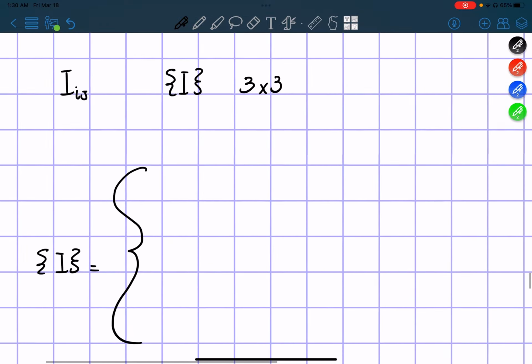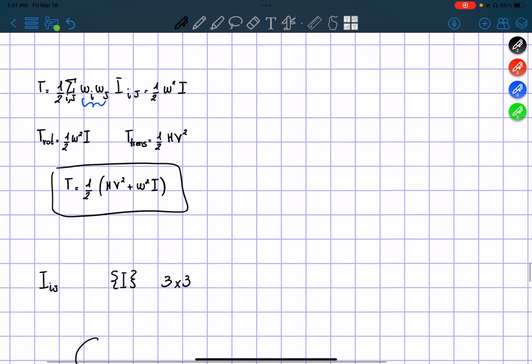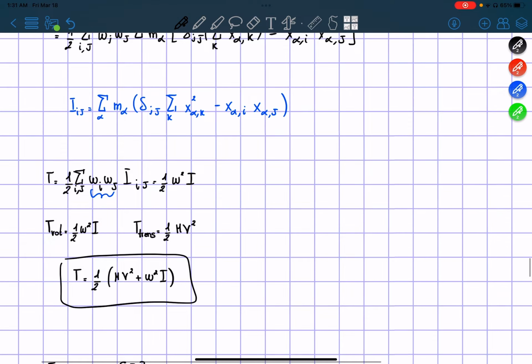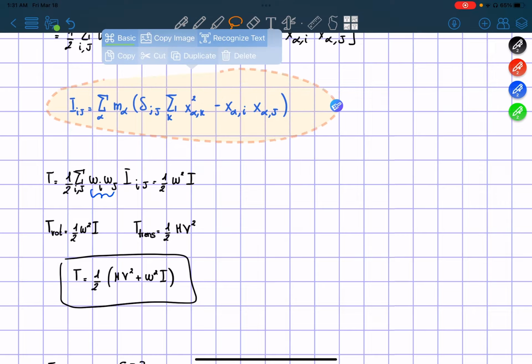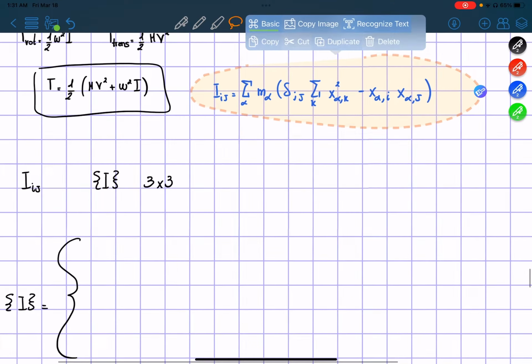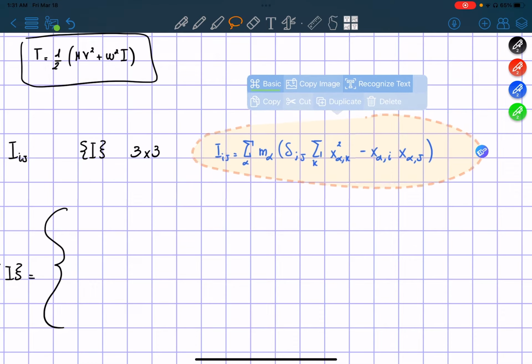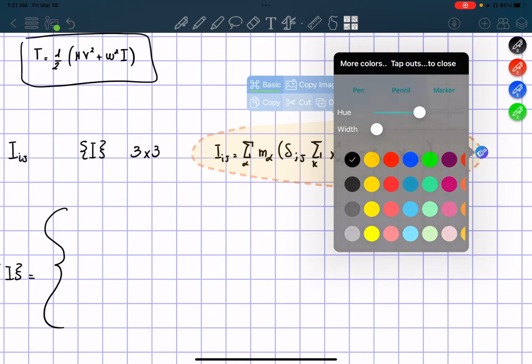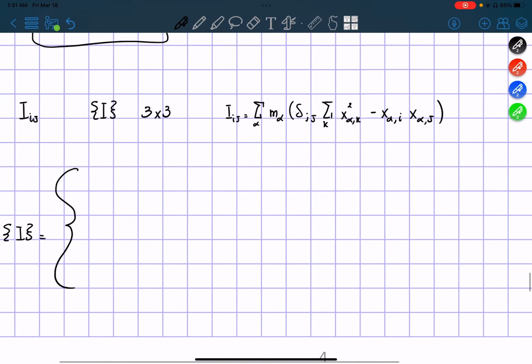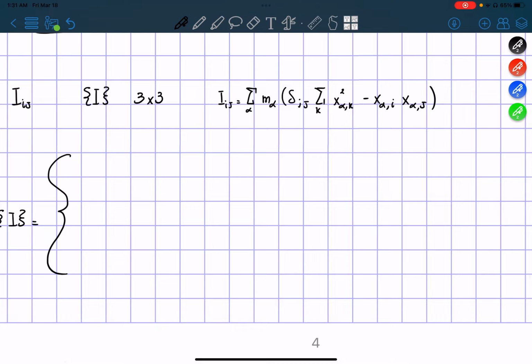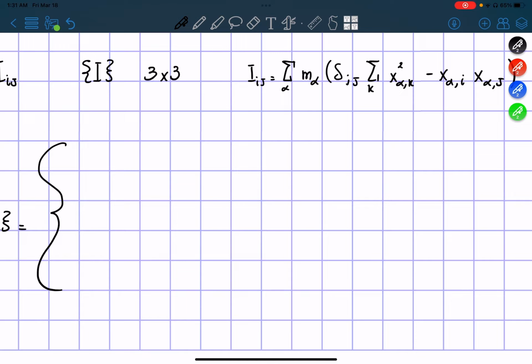Okay, so if you remember, our I is equal to this part right here. So I'm going to bring it down so we can work on it very quickly. Alright, first things first, I'm going to have the summation of the masses still present.